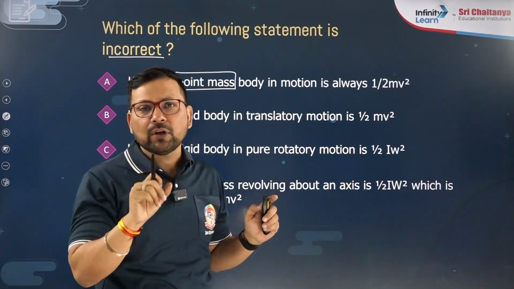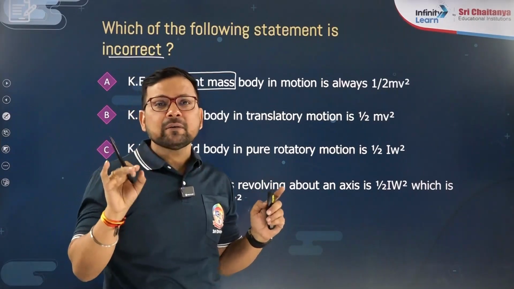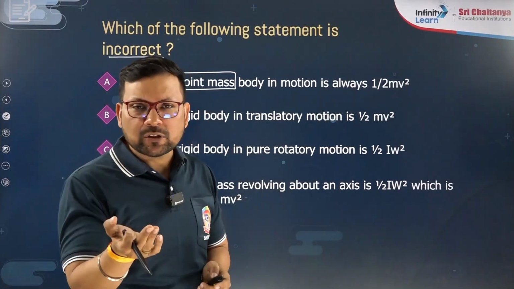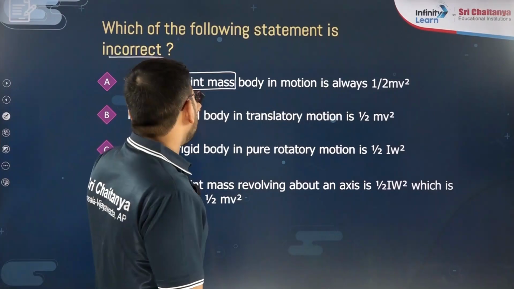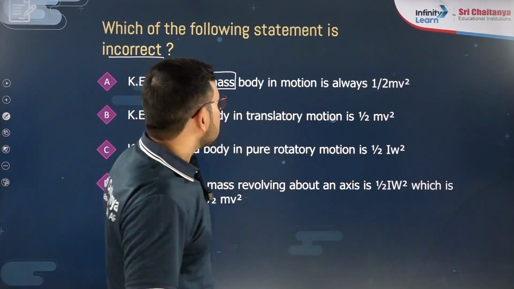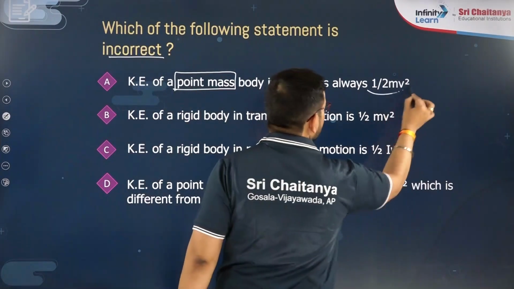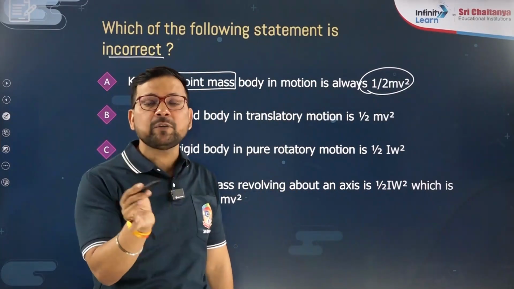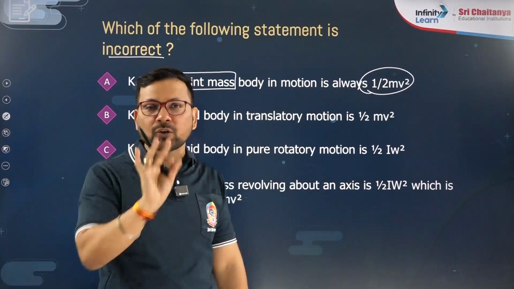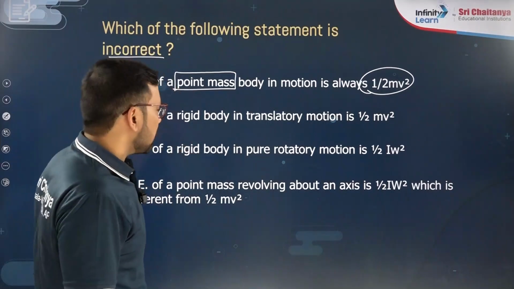It can revolve, it can be in circular motion, but circular motion is also translatory. Pure rotation is not possible. So for a point mass, translatory kinetic energy is half mv square. It is correct. I will not tick it, because the incorrect one has to be ticked.